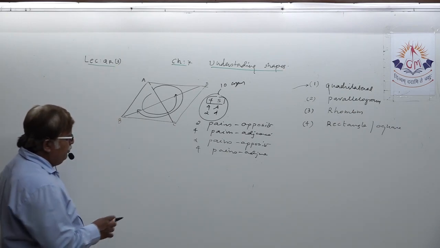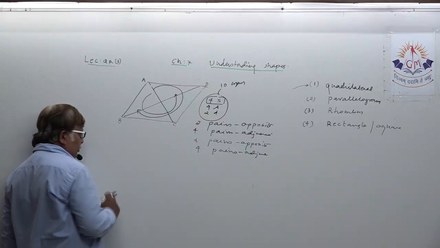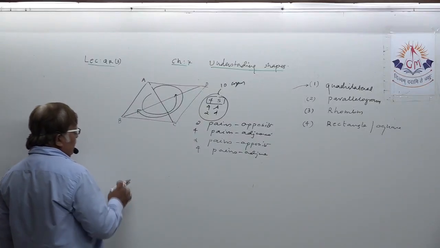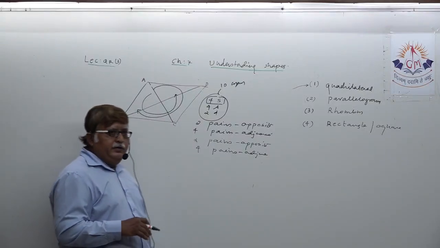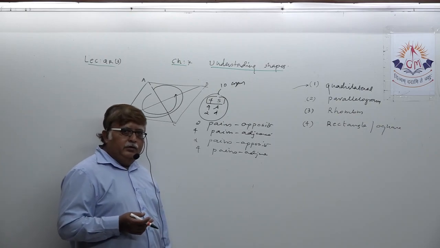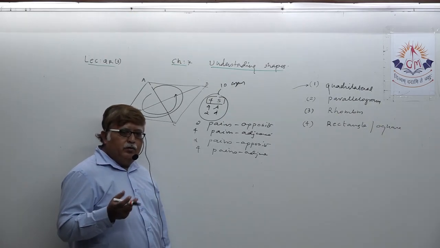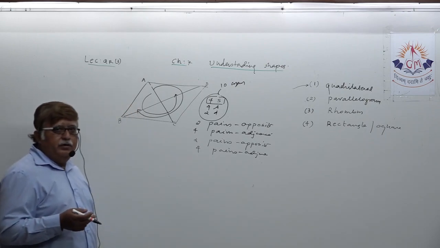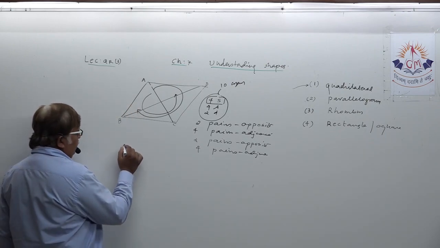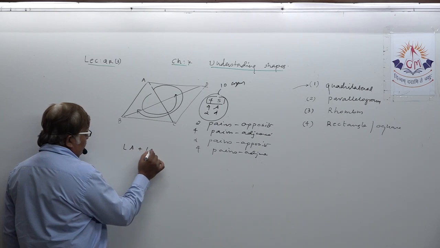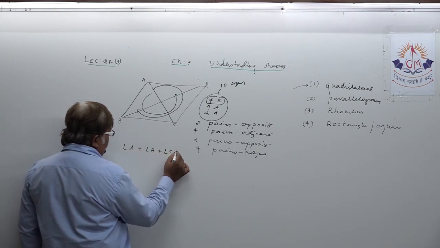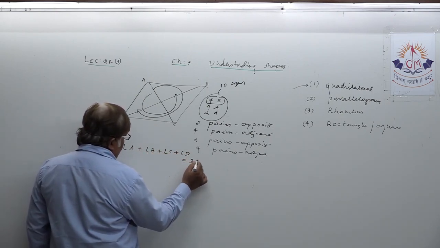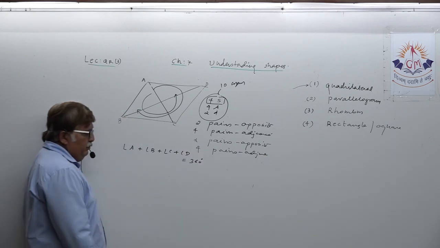Okay. Now one more thing. You have already understood one theorem also, that the sum of measures of all angles of a quadrilateral is 360. You all know angle A plus angle B plus angle C plus angle D is equal to 360 degrees.